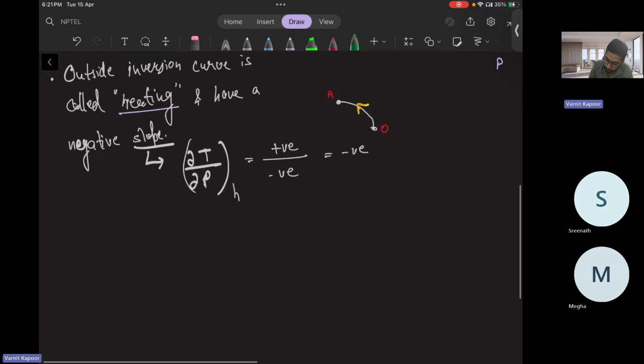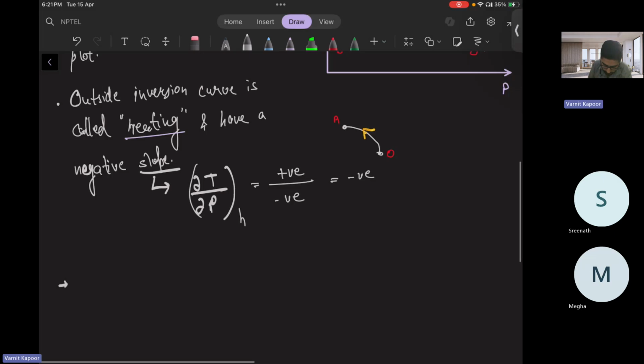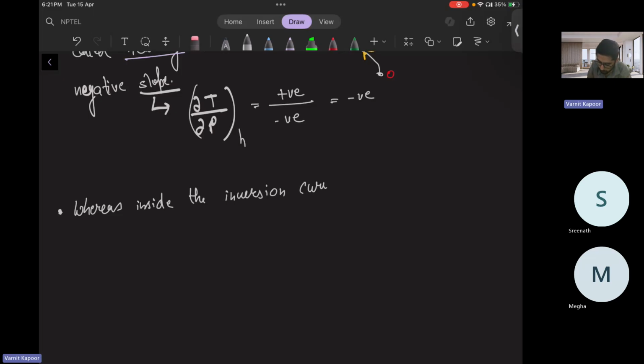Whereas inside the inversion curve is the cooling region, and it has a positive slope.